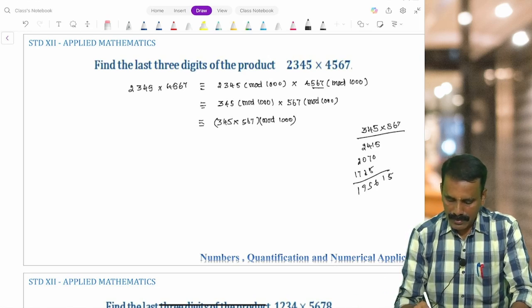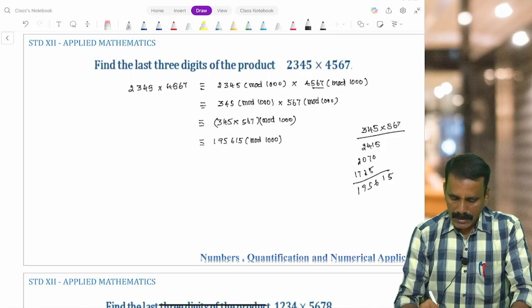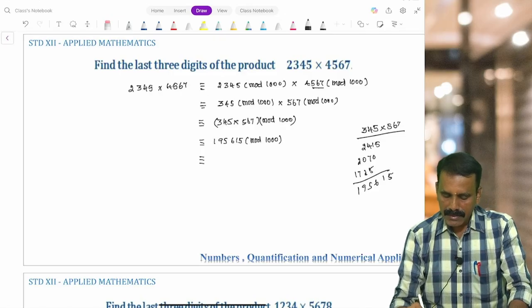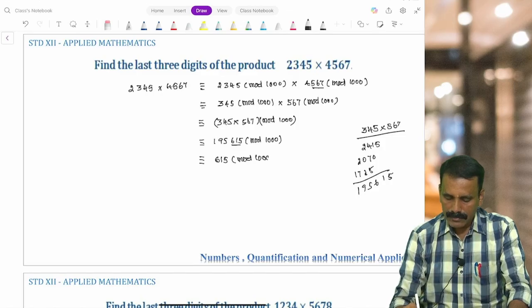And it is going to be 195615 mod 1000. So the last 3 digits, when you divide this 6-digit number by 1000, the answer is going to be the last 3 digits, 615 mod 1000.